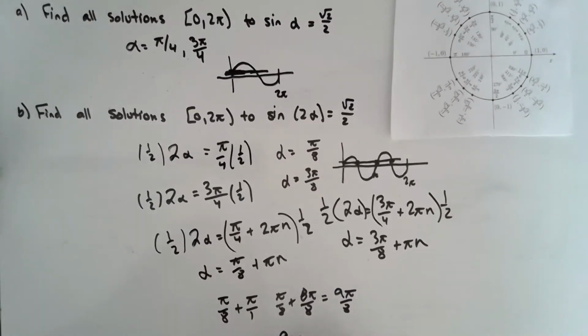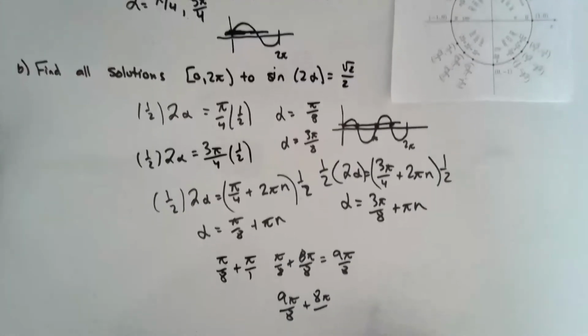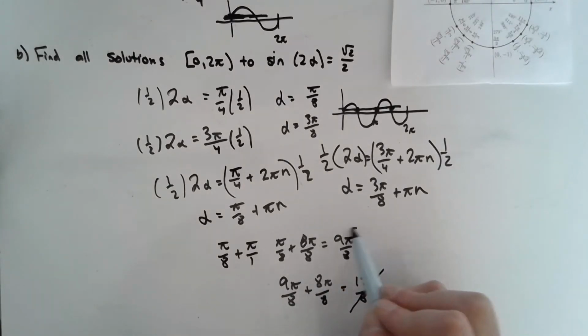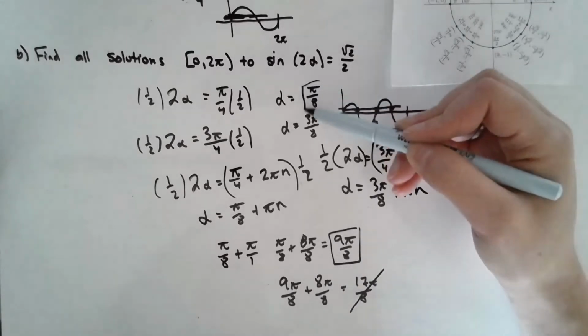Then if I took 9 pi eighths plus 8 pi eighths, I'd get 17 pi eighths. Okay, let's think about this. 17 pi eighths. Well, I know 16 pi eighths is 2 pi. This is outside of our range. So I've got my answer as 9 pi eighths and pi eighths.